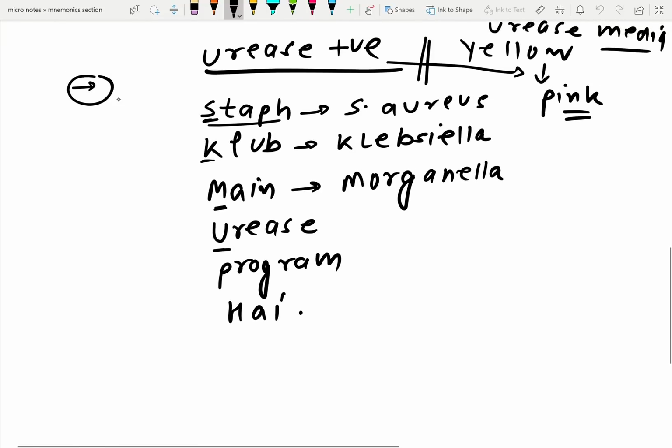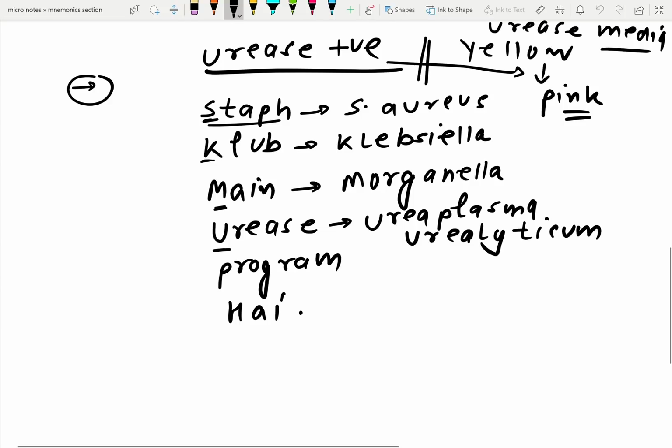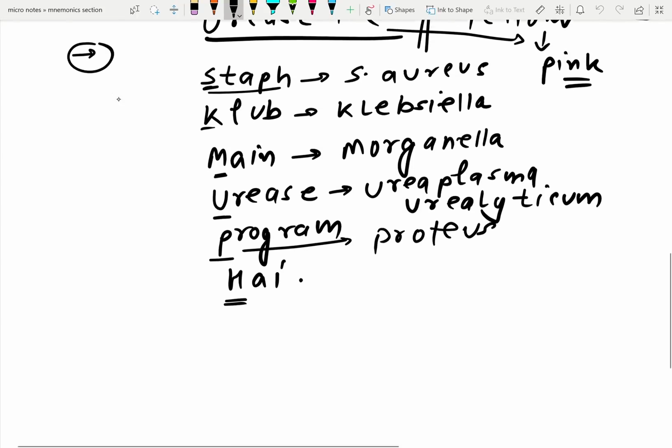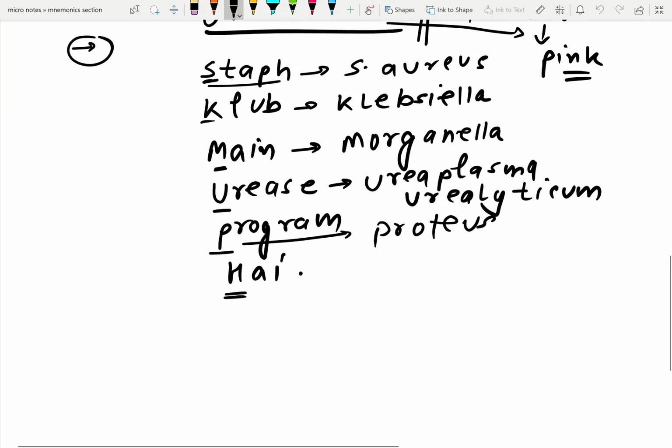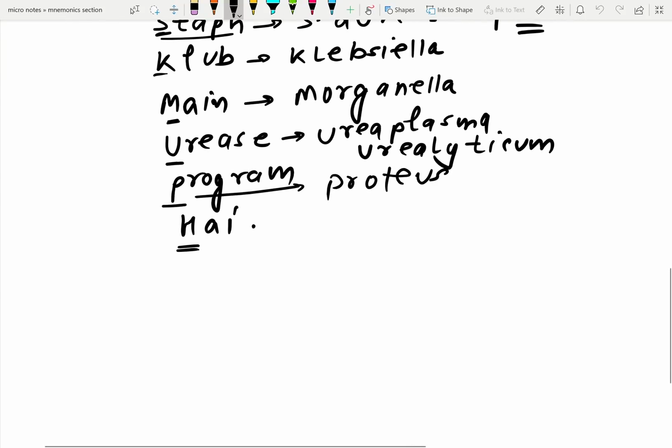And U is Ureaplasma urealyticum. Okay. This particular one is also urease positive. P is Proteus. And the question which can come to you is which one is maximum urease positive? The answer is Helicobacter pylori.